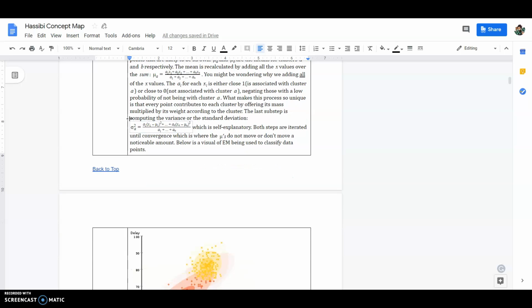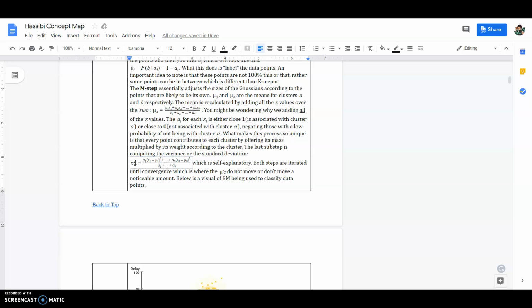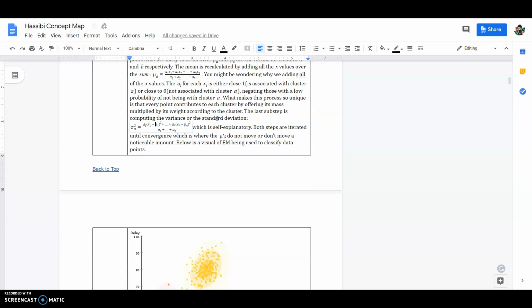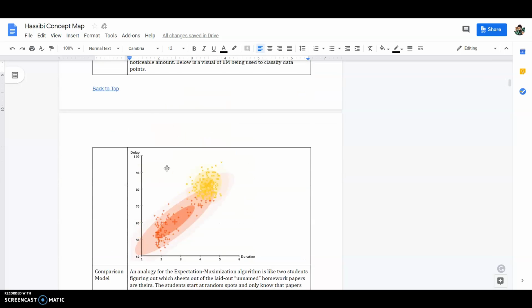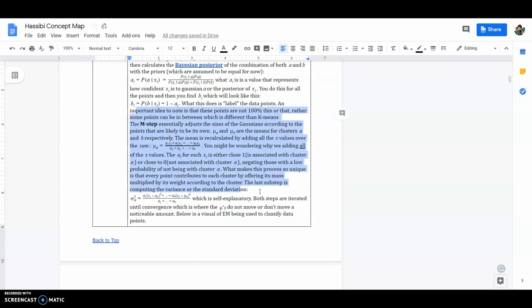That calculates the standard deviation. You can also say the standard deviation of B is just all of that, but every single A value is replaced with B according to the X that you're referencing. And then here, this is the M step, the maximization step, which is just adjusting the Gaussians, as I said before.